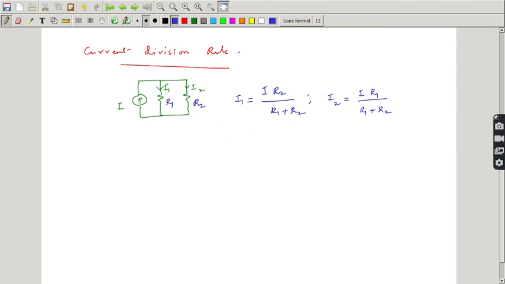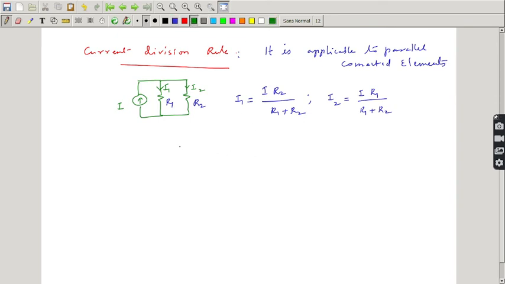It is applicable to parallel connected elements.